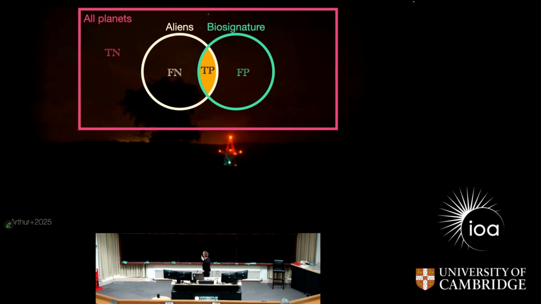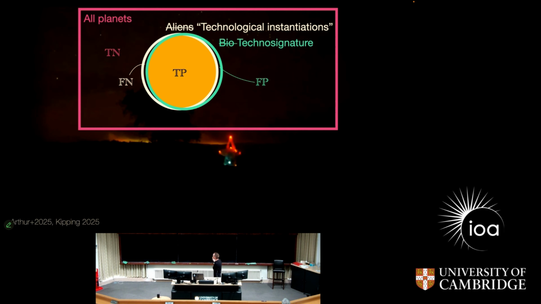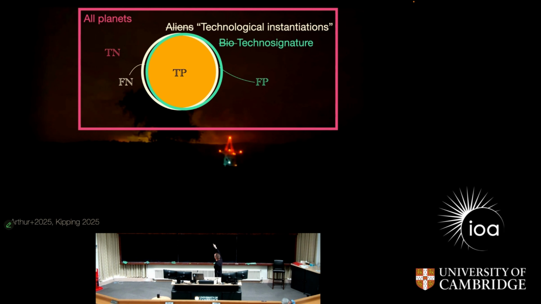Now, this is interesting in the context of the search for extraterrestrial intelligence, or maybe technological instantiations of life. Because what this is doing in this framework is actually moving the biosignature circle pretty much on top of the alien circle. What it's really doing is reducing the number of false positives.